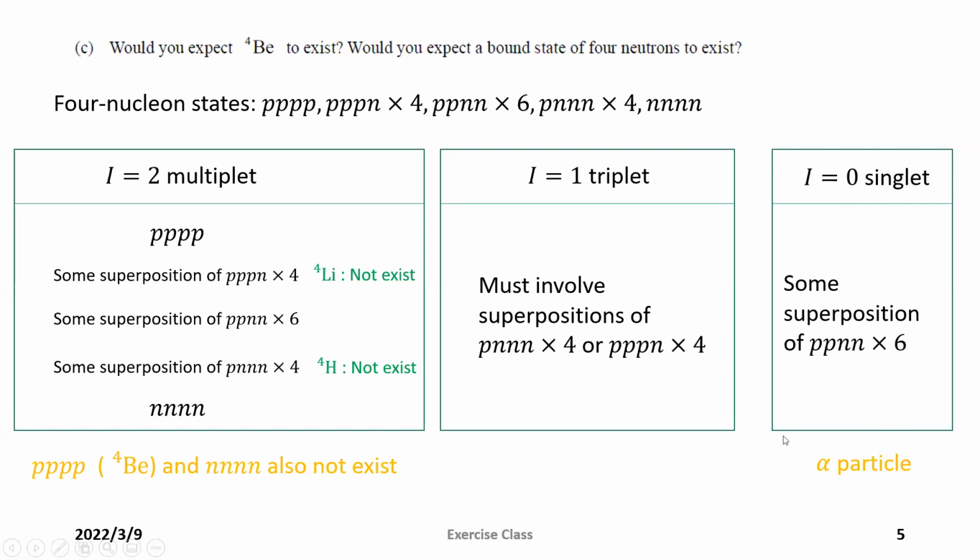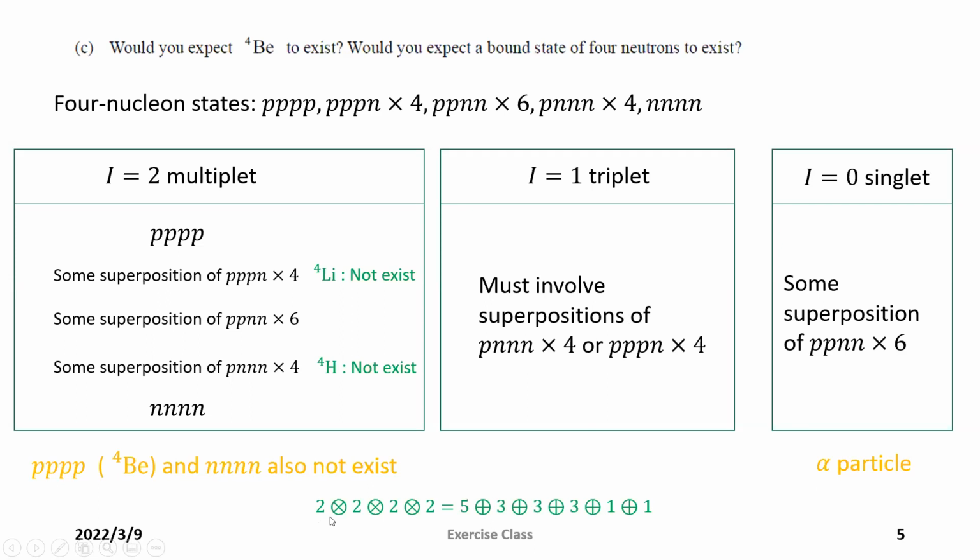So the conclusion is that the beryllium-4, which is 4 protons, and also the state of 4 neutrons should not exist. And the only possible one is the singlet state, which will correspond to the alpha particle. And in this case, we can write in this form.